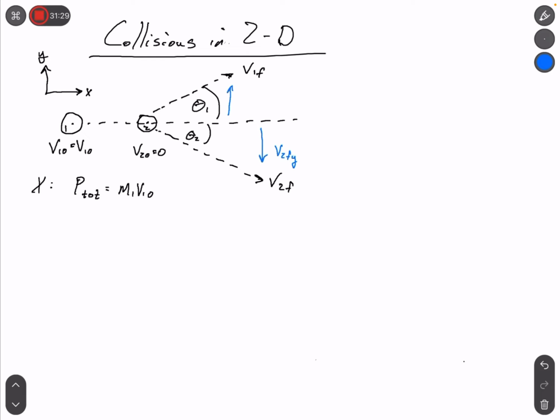And in that color, and what's another good color? The x component, so that's V1 final x, and this one is V2 final x. So we've got our x components, we've got our y components, and now we can start doing our sum.